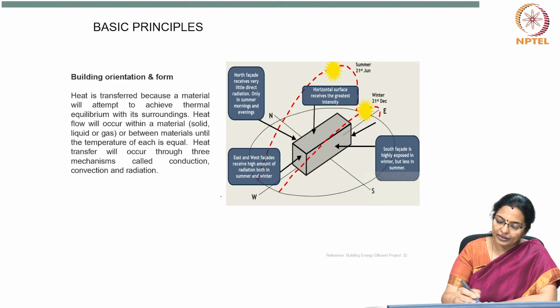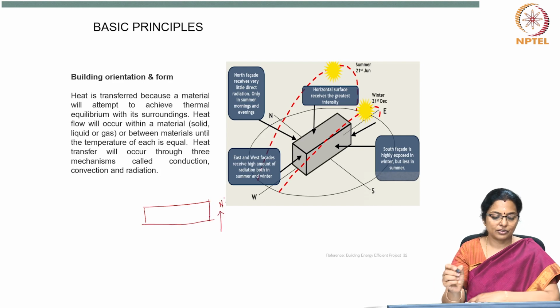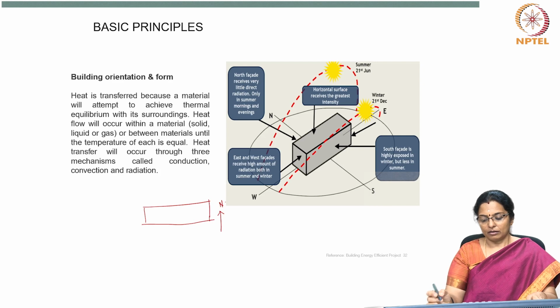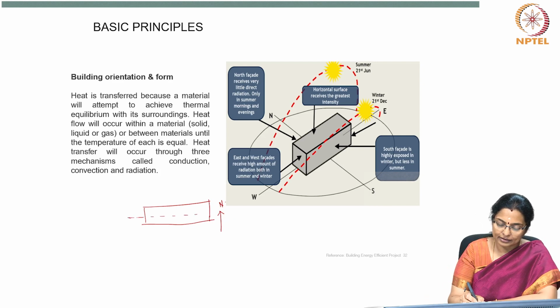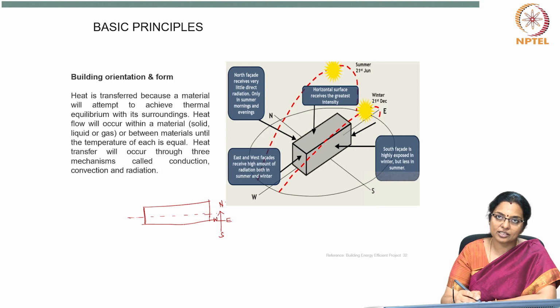So, if we look at a building plan which has north and south as its long axis, and it has an east west axis, you can see which direction solar radiation hits most and which direction least.